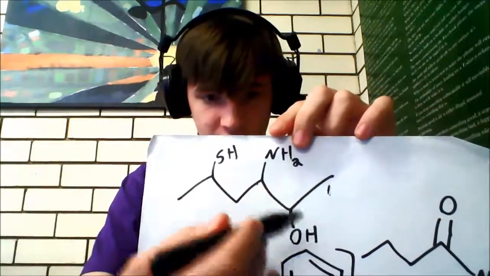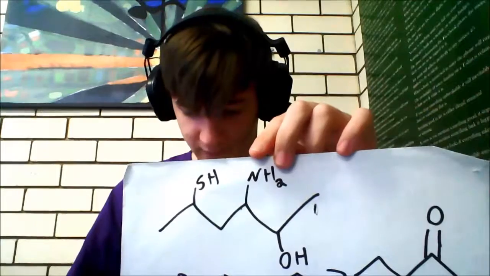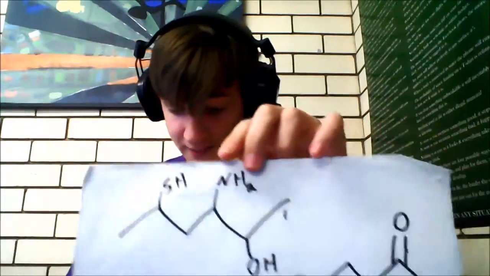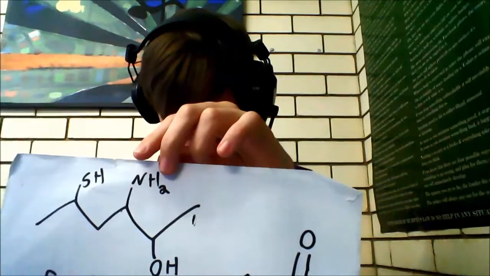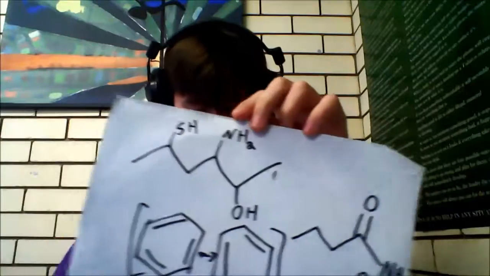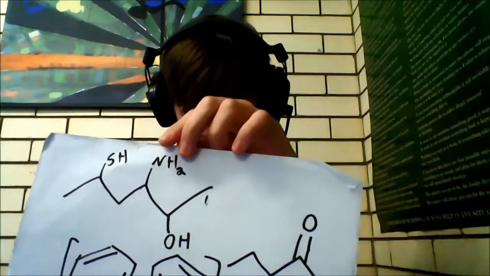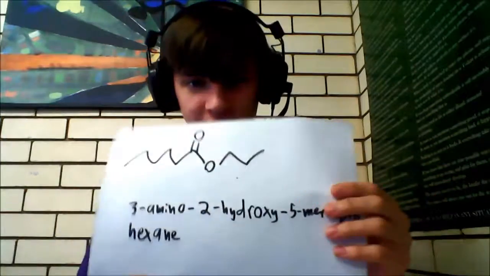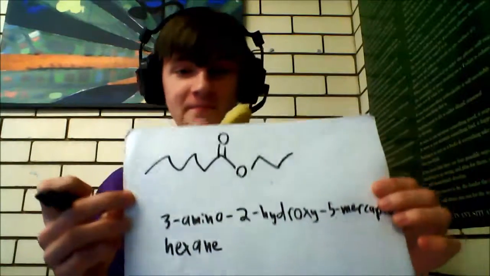Where's this one? 1, 2, 3, 4, 5. 5-mercapto. Hexane? 1, 2, 3, 4, 5, 6. Hexane. 3-amino-2-hydroxy-5-mercaptohexane. It's great. It's called IUPAC naming conventions or nomenclature. This is a lot of what I've been doing for 2 days, as in 1 day.